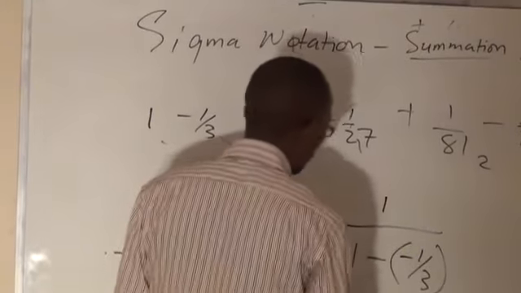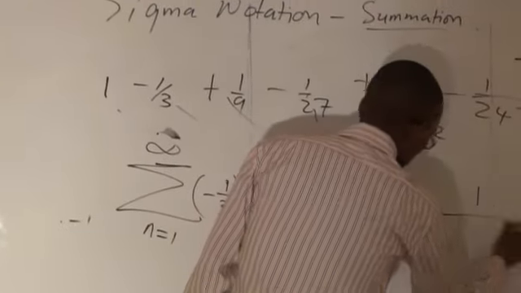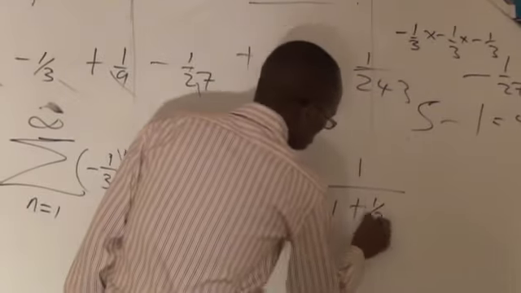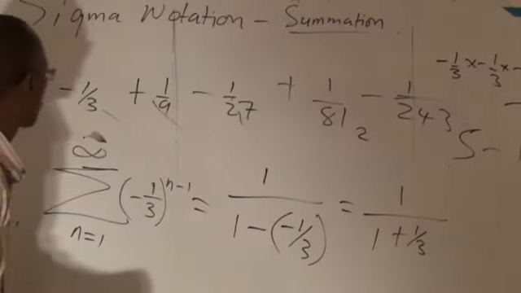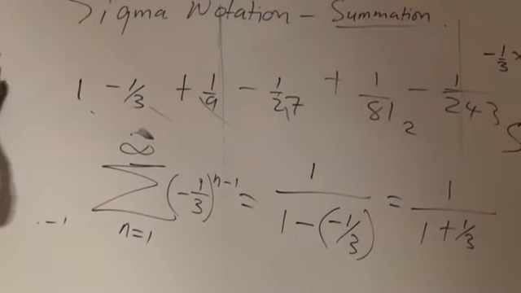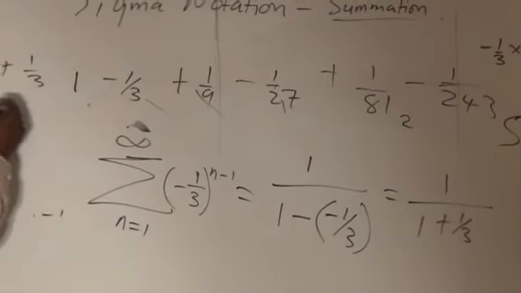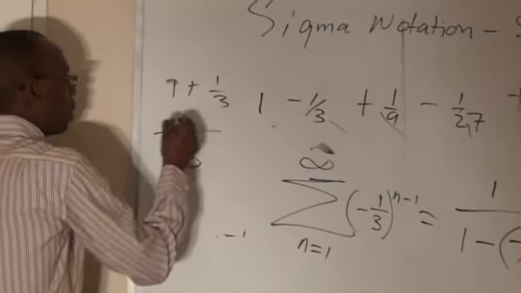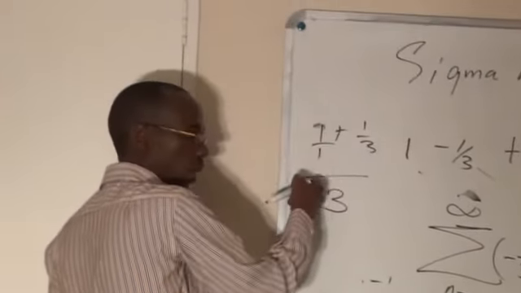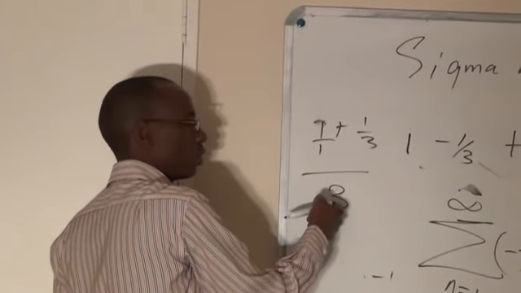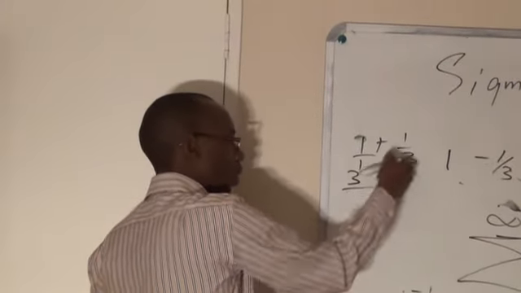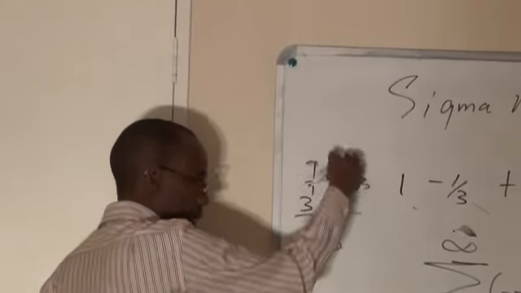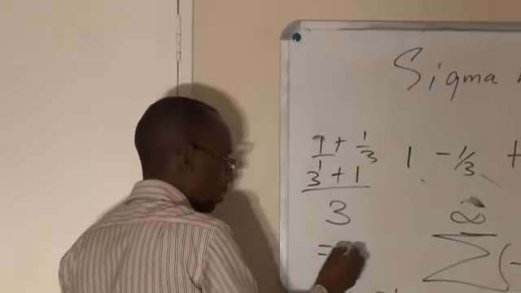So this is the same as 1 divided by 1 plus 1 over 3. What is 1 plus 1 over 3? You can check with me. Common denominator 3. Remember 1 is the same as 1 over 1. 1 into 3, 3 times 1. 3 into 3, 1 times 1, 1. So this is the same as 4 over 3.